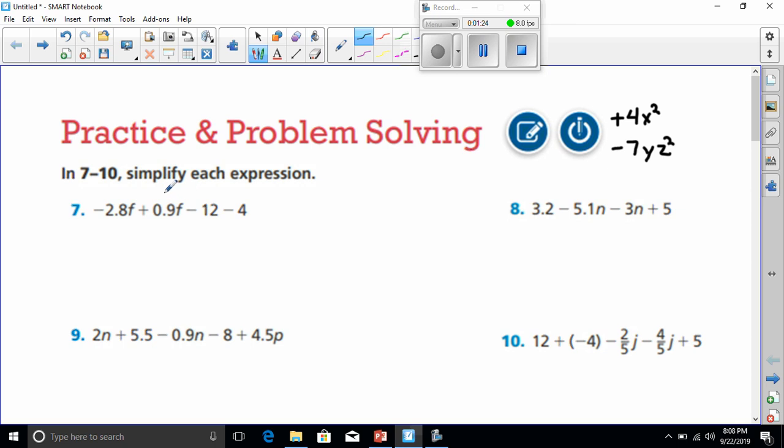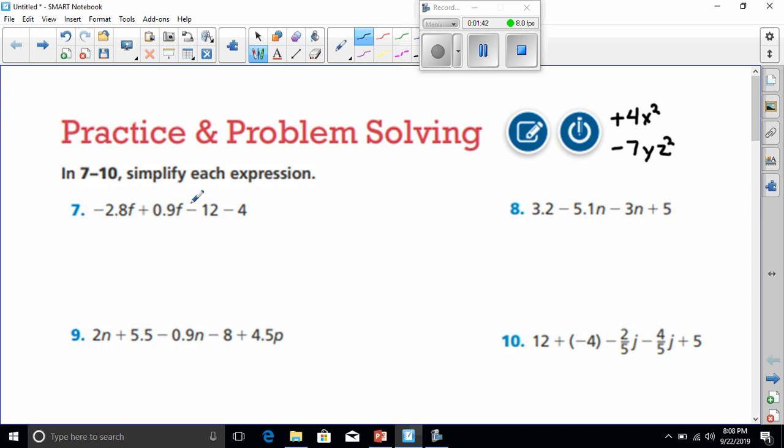I can see that both these terms have f to the same power, okay? So we're going to go ahead and combine them. We have negative 2.8 plus 0.9.